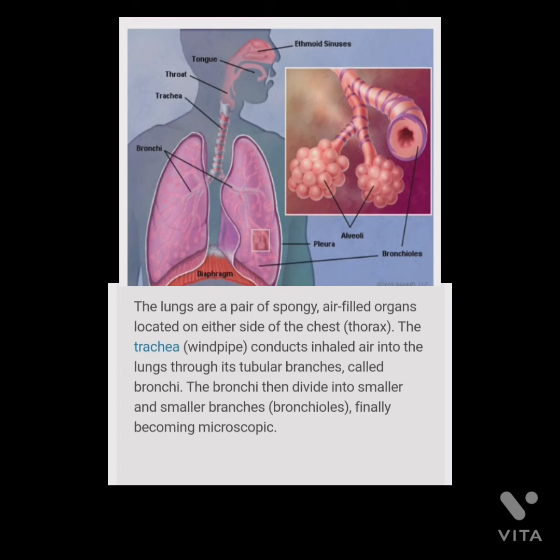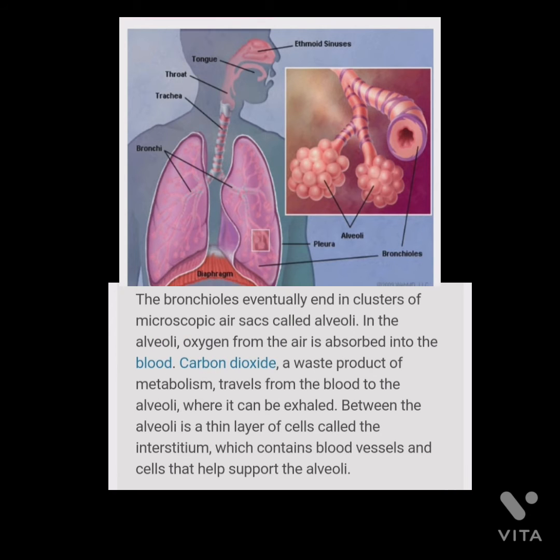The bronchioles eventually end in clusters of microscopic air sacs, which cannot be seen by the naked eye. These air sacs are known as alveoli. So what do the alveoli do?